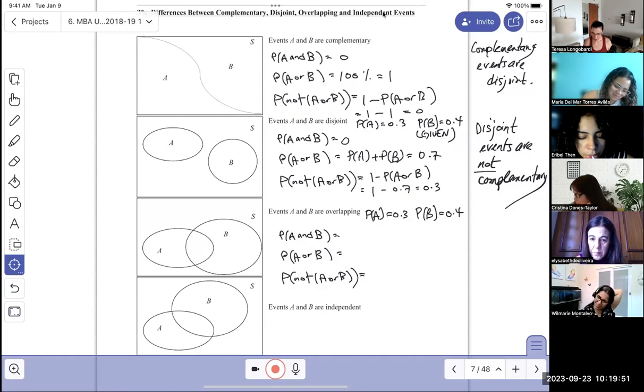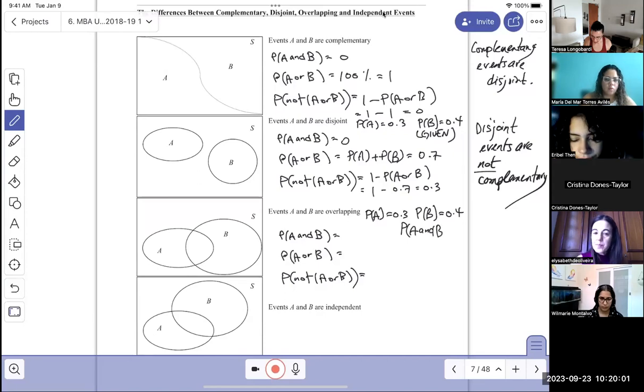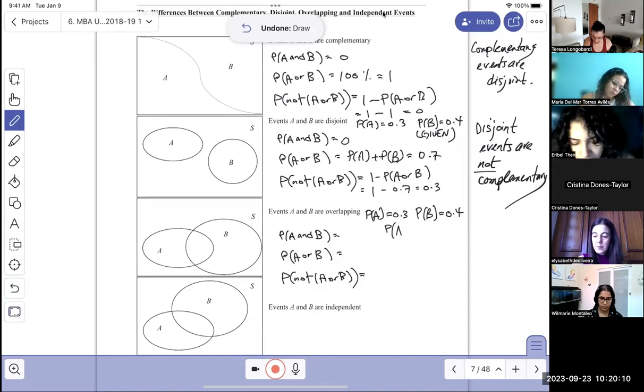Just calling this A and B overlapping and seeing this image, I won't be able to do this unless I'm given information. Let's say it's 10%, given. I can't calculate it from the picture. I know it from my research, let's say, from my observation and recording of long run relative frequency.